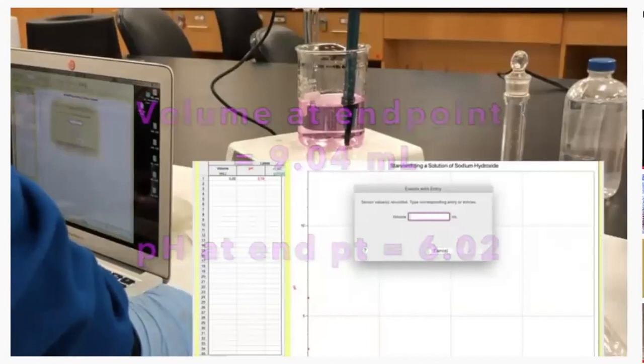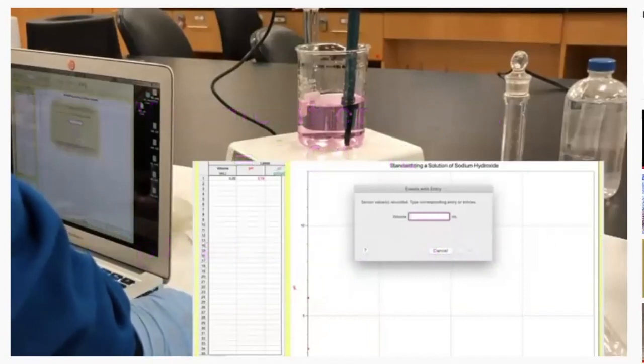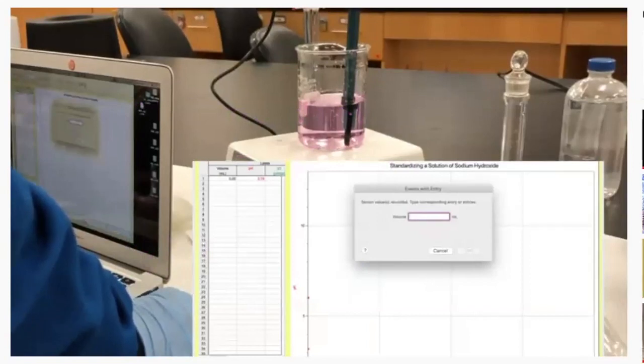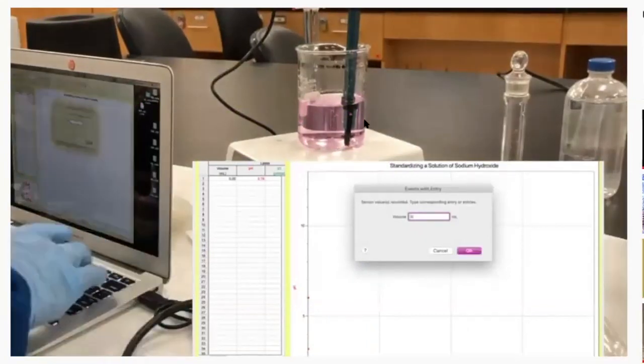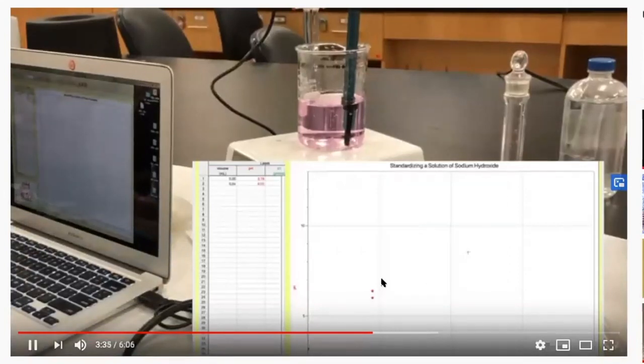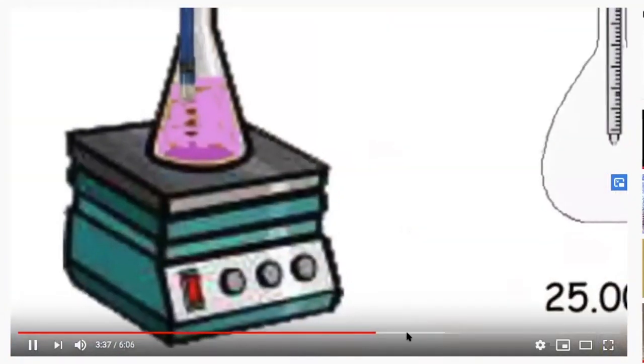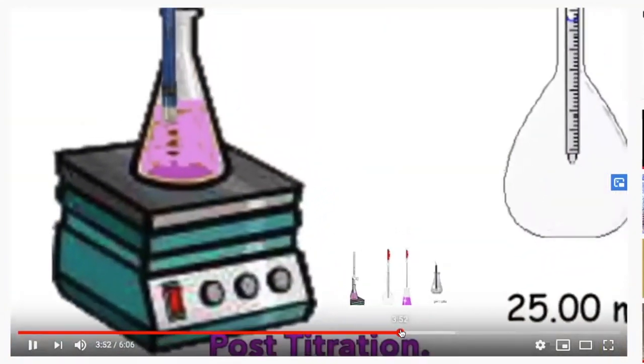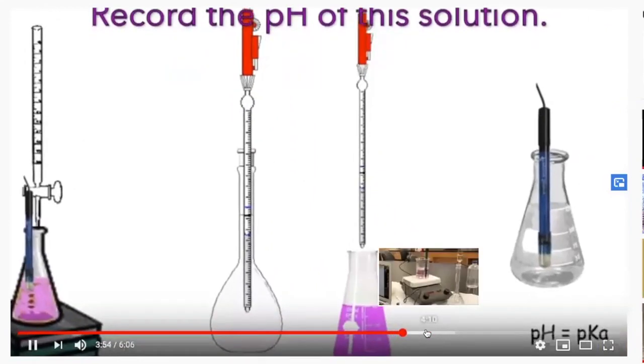It's when I add the additional 25 mls of acid back. So you can see that the solution is slightly pink, so I know I've reached the equivalence point. I record the volume because that's important. Then I add the 25 mls back into that solution.